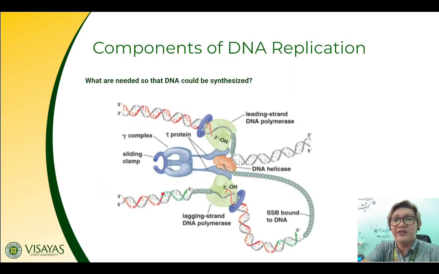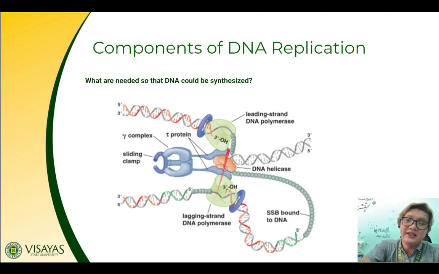Now, because of the nature of this reaction, sliding clamps are also used in order to push the polymerase along the exposed template so that it will add DNA nucleotides more efficiently.